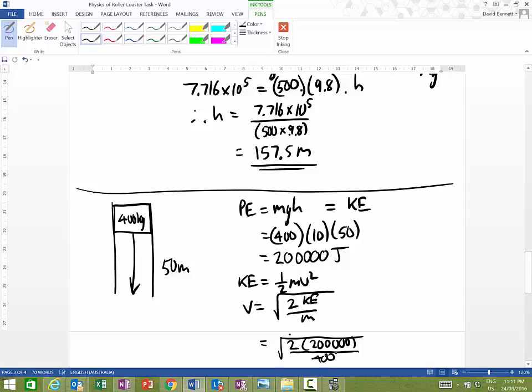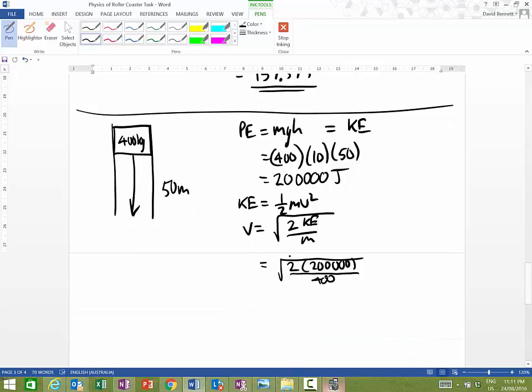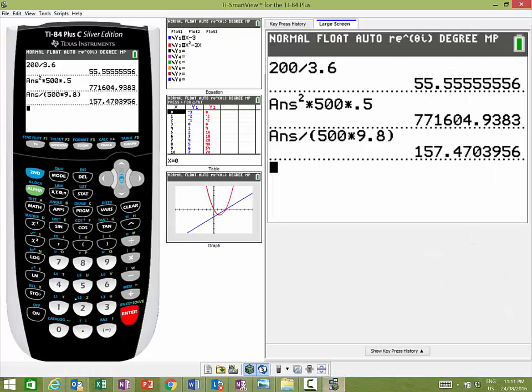Okay, and then you can go to your calculator and you can work that out. So if we do the square root of 2 times by 2 to the power of 5, my 2 didn't get in there.